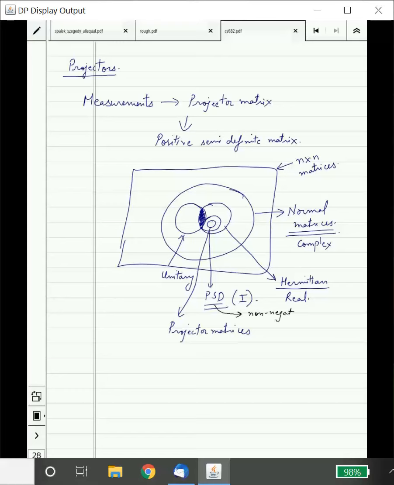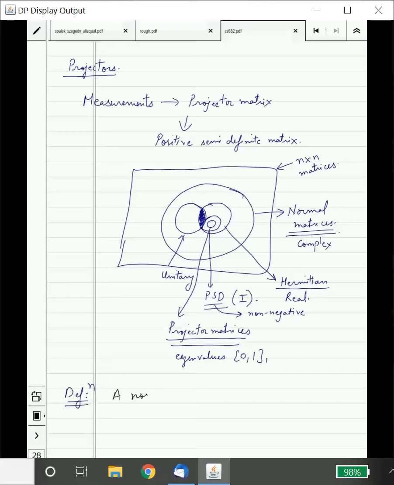The next class is going to be projector matrices whose eigenvalues are just going to be two values, either 0 or 1. I will start by another description of a projector matrix and then show that it is equivalent to saying that all the eigenvalues are either 0 or 1.